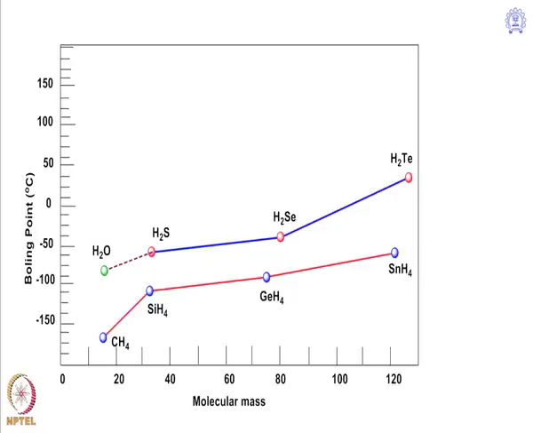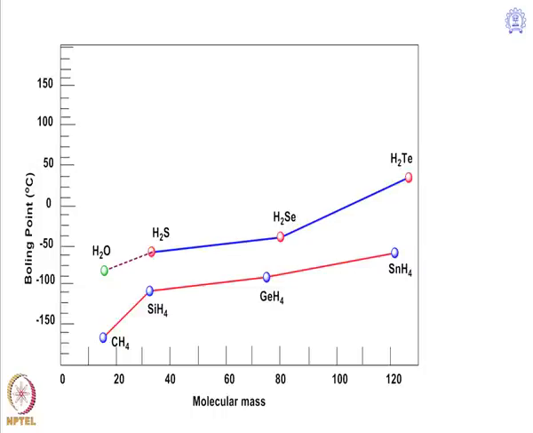Similarly in group 14, methane has a boiling point of about minus 160 to minus 150, whereas silane is somewhere around minus 100 to minus 120, a little higher in case of germane. In case of tin, it comes very close to minus 100 degrees centigrade.